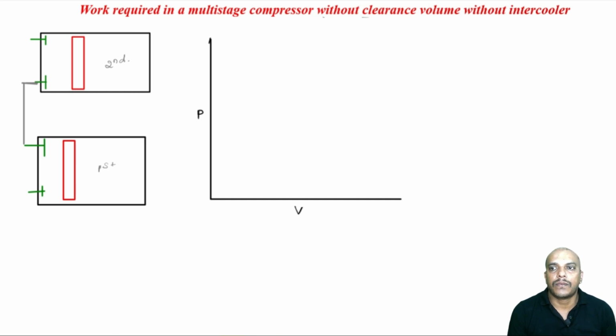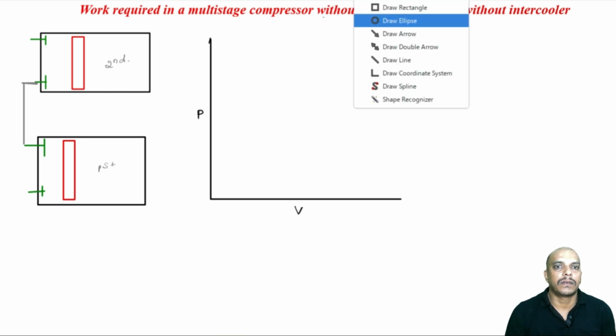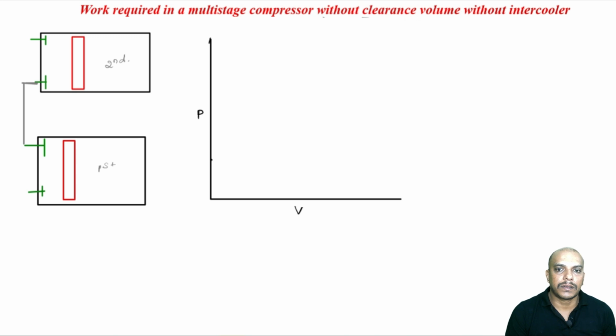Now, first stage is, we will start from here, the suction. And then there will be a polytropic compression, and then this delivery. Now, this is our compression in the first cylinder or first compressor, then it is further compressed in a second cylinder, alright.